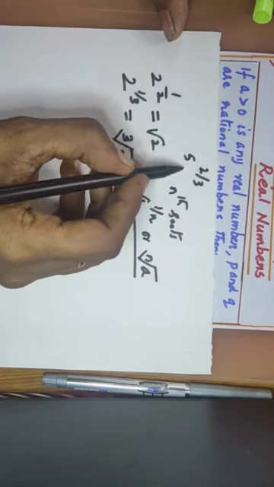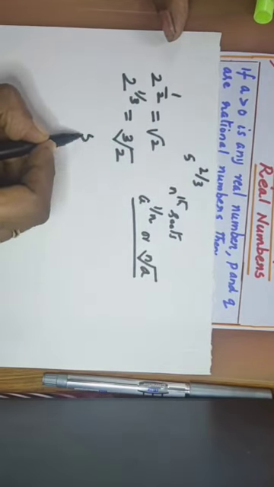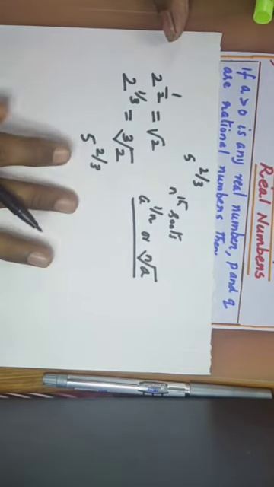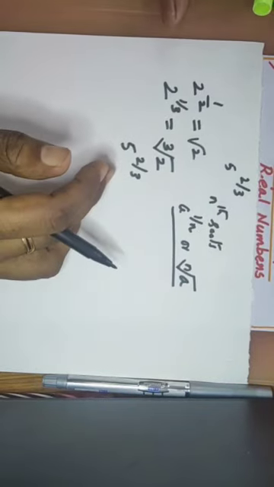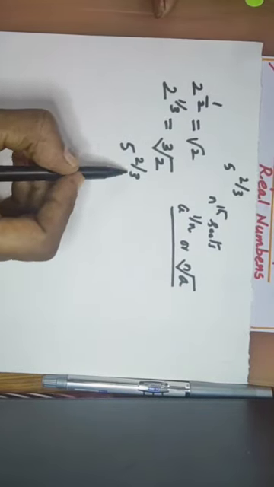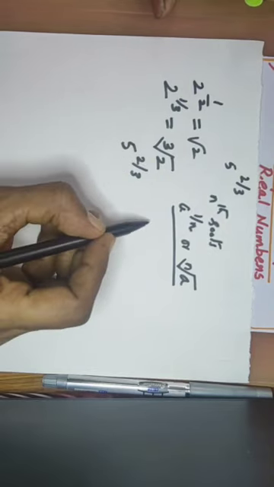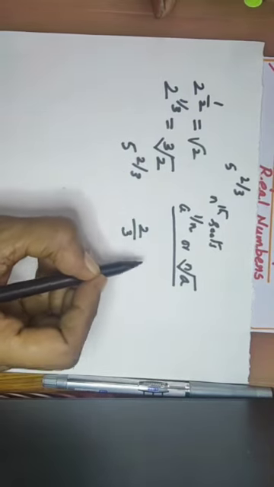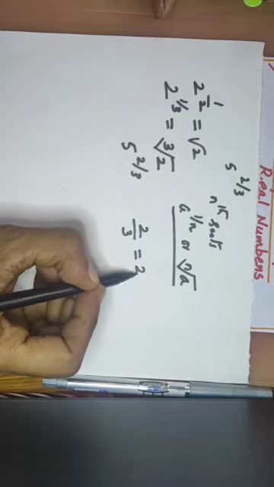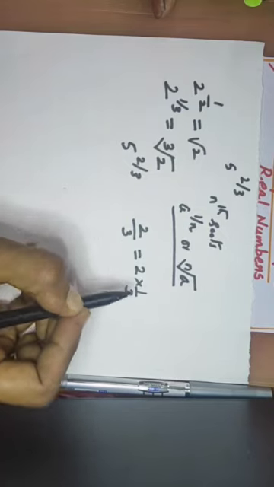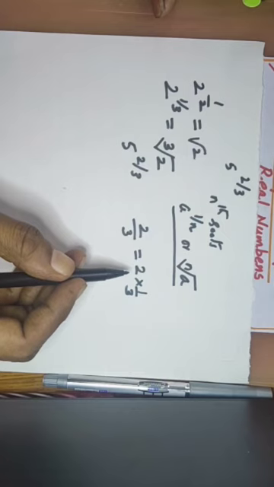Let us go back to 5 raised to 2 by 3. Take a closer look at the exponent. Can you write this 2 by 3 as 2 into 1 by 3? Yes, no?